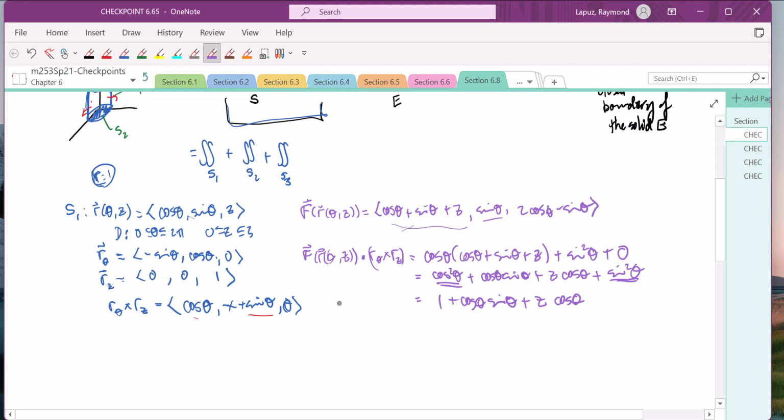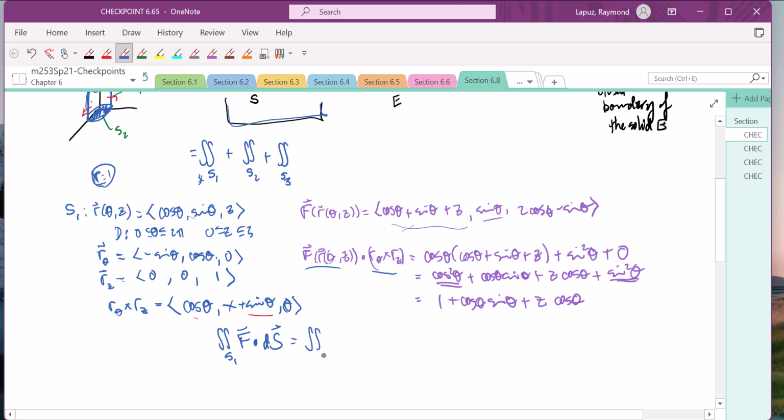And if we do that, let's get it into our integral. So our double integral, we are looking at the integral of S1, that's this integral right here of f dotted with dS, and we got everything simplified here.